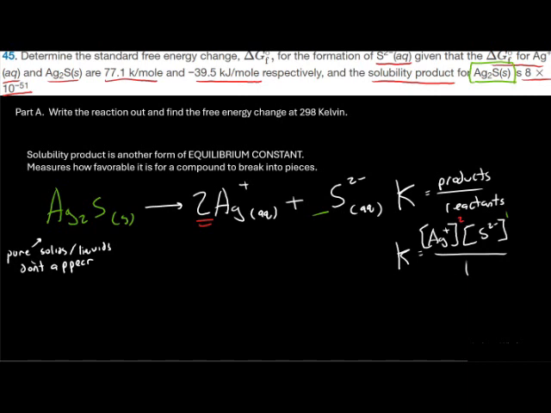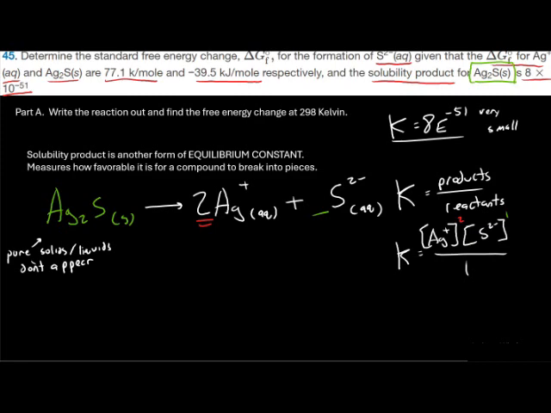Now, thankfully, we don't really have to do any algebra with this equation because the question gives us the solubility product. We already know that K is going to equal 8 times 10 to the negative 51st power. Very, very unfavorable because this is a very small number.